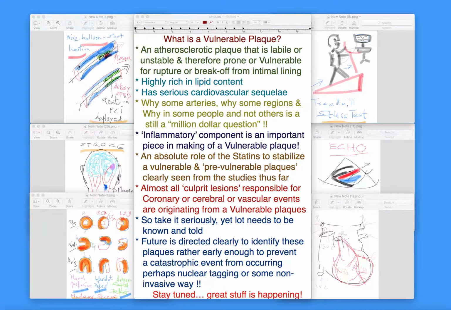So over a period of time, the plaque grows and grows till there is very minimal flow going through the artery, and that leads to ischemia, or lack of blood supply, resulting in angina or a heart attack. Now, we know about these plaques which develop over a period of time, but there are plaques which are vulnerable and they are prone to break off from the intimal layer.